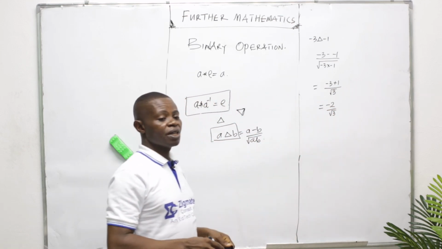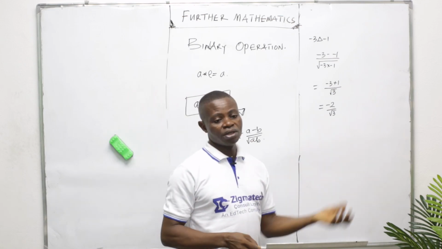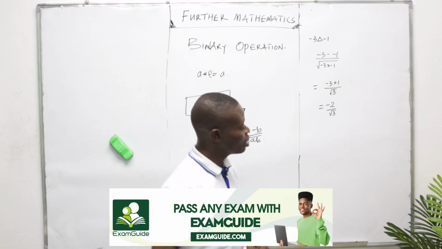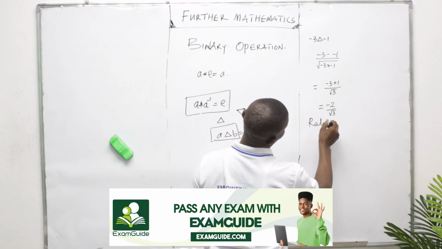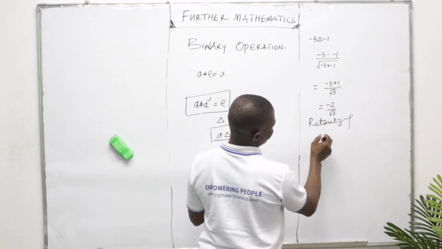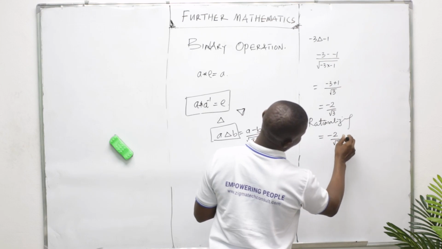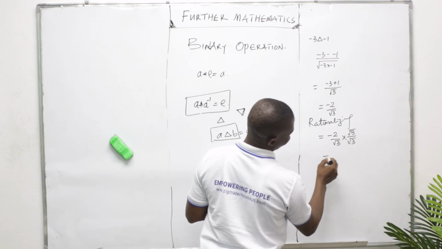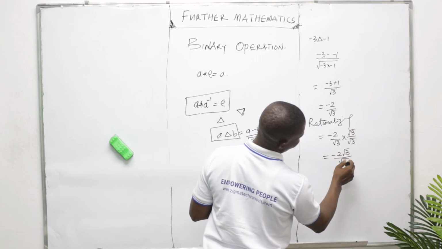But this cannot be your final answer, because whenever there is a root at your denominator, you think about rationalization. Now we are going to rationalize. Minus 2 all over root 3 times root 3 all over root 3 will now give us minus 2 root 3 all over root 9.